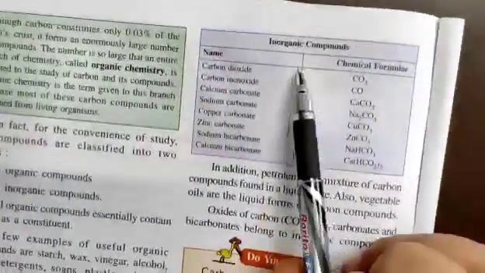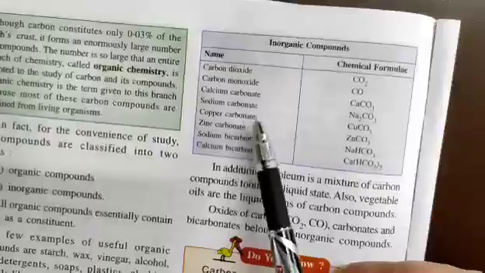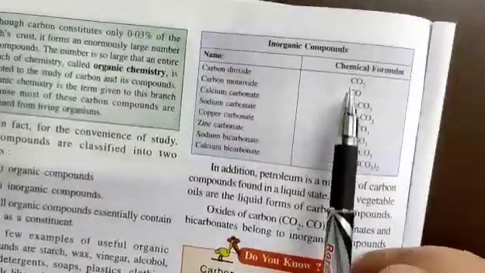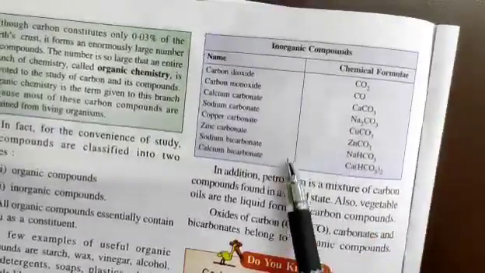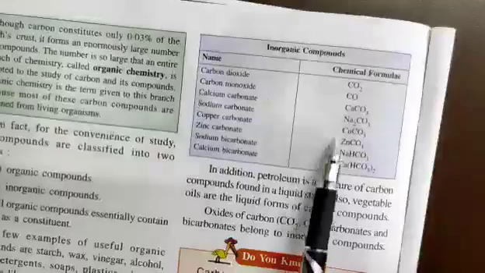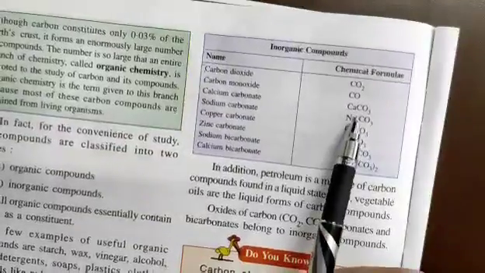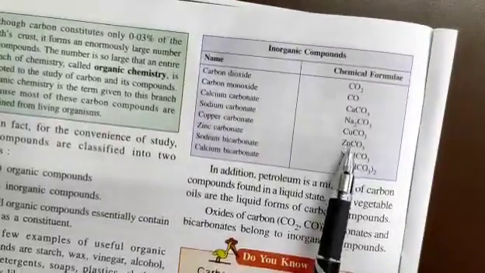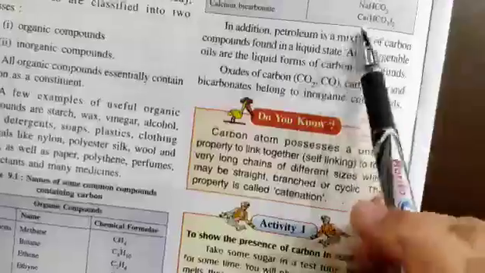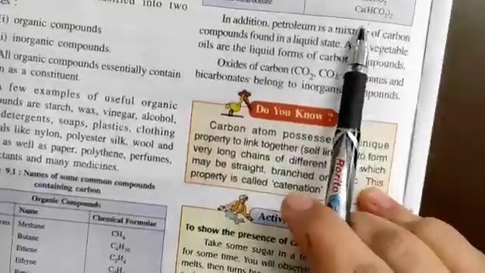Now here is the list of inorganic compounds in which carbon is present, like carbon dioxide, carbon monoxide, calcium carbonate, sodium carbonate, copper carbonate, zinc carbonate, sodium bicarbonate, calcium bicarbonate.